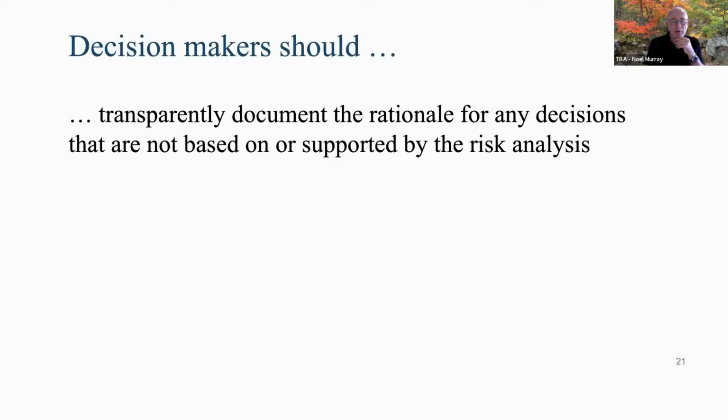The rationale for any decisions that are not based or supported by the risk analysis needs to be transparently documented. This is probably very difficult to achieve, particularly if it's a politically based or motivated decision, but nevertheless, ideally that should occur. So it's important that trading partners are fully aware and understand why a particular decision is being reached. That's an obligation under the SPS agreement.